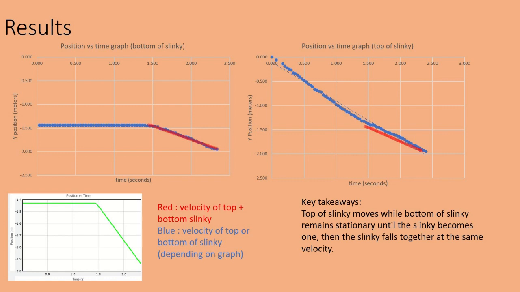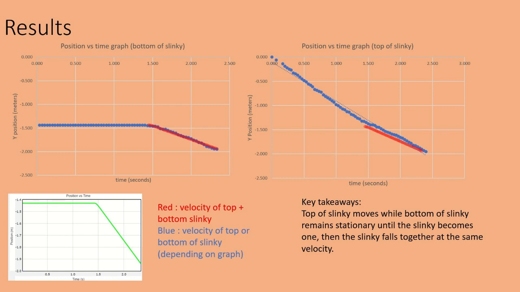So we have two position versus time charts, and the one on the left is the position versus time of the bottom of the slinky, while the one on the right is the top of the slinky. Now, as we can see, the one on the left shows that the bottom of the slinky remains stationary until the slinky acts as one, right? So until it collides.